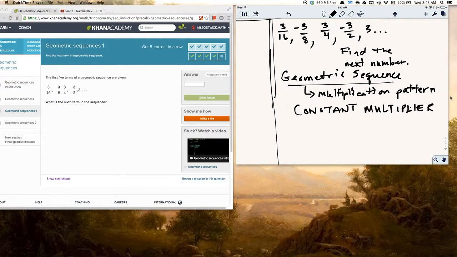And what that means is that to find the next term in the sequence, you have to multiply by something each time. And so it has to be the same thing that we're multiplying by. And so when we are thinking about these problems, the first stage is find the multiplier.